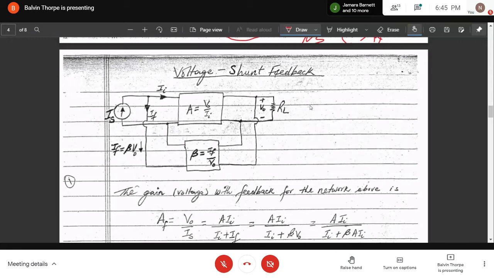Let's look at that. Observe the record carefully. Now, I want you guys not to panic, but just to take it as given that the gain of a network is the output quantity over its input quantity. Is that correct? Yes, sir.